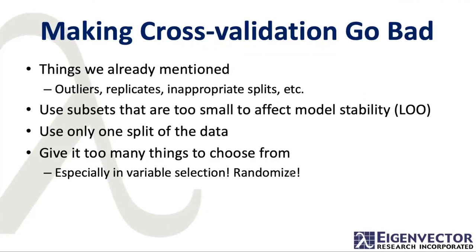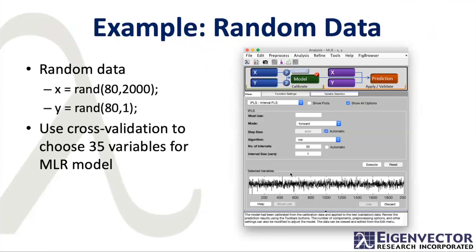But I'll just show you quickly a way of making this go bad. So you can try this one yourself at home. I just created some random data. I said X equals rand 80 samples by 2,000 variables, and Y equals random value 80 by 1. So I'm going to try to build a model to use X to predict Y. And we know that there's no way that you should be able to do that because this is just random.